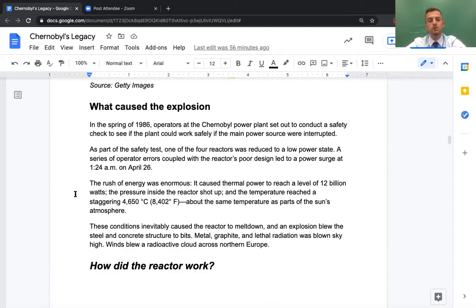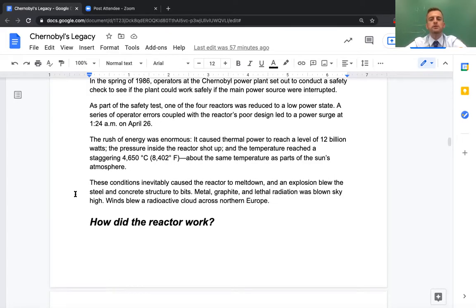The pressure inside the reactor shot up and the temperature reached a staggering 4,650 degrees Celsius or 8,402 degrees Fahrenheit, about the same temperature as parts of the sun's atmosphere. That's hot. These conditions inevitably caused the reactor to melt down, and an explosion blew the steel and concrete structure to bits. Metal, graphite, and lethal radiation was blown sky high. Winds blew a radioactive cloud across northern Europe.